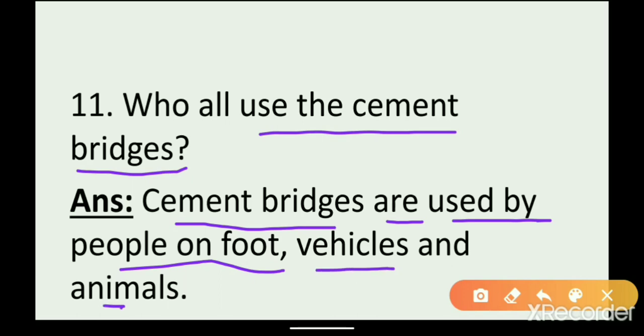People who walk can use a cement bridge. People who travel by vehicle can also use it, and animals also use it because it is a strong bridge. A bamboo bridge is a temporary bridge, so only people walking on foot can use it. If we travel by vehicle on that bridge, we may fall.